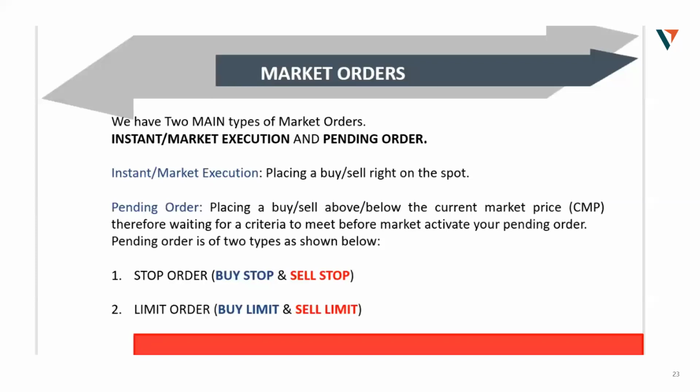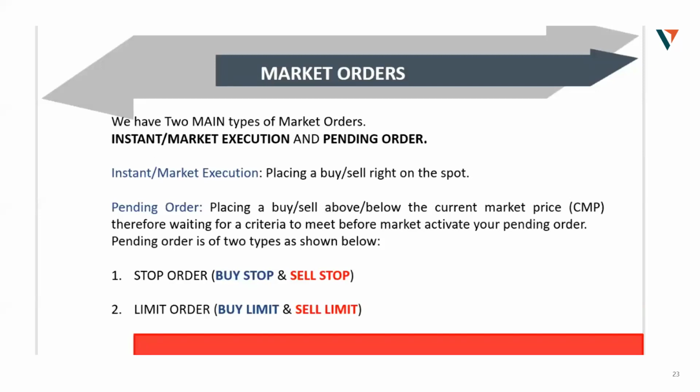So there are different types of orders in the market. There is a buy order, there is a sell order, there is a stop loss order, there is a take profit order, right? There's a pending order, there's a market order. All of these are orders in the market that you take, right? But here we're going to be concentrating more on entry and exit orders.